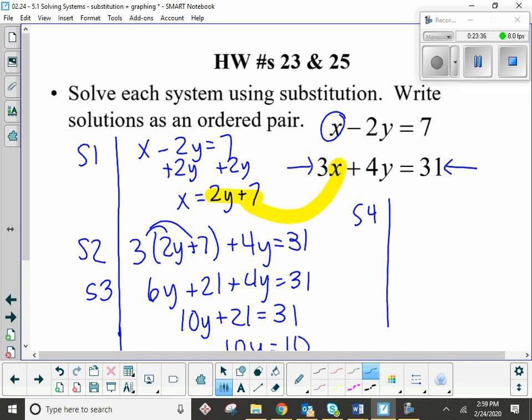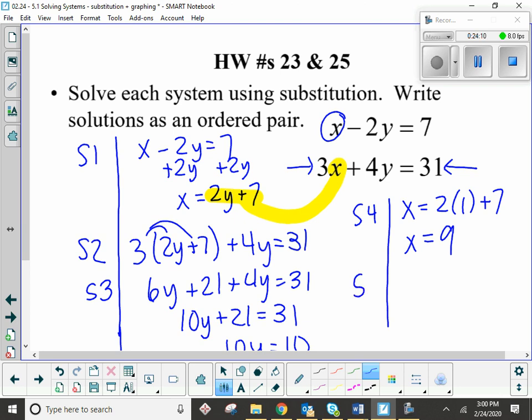When I plug 1 in for y, it's real easy to do the math and figure out x. X equals 9. Now, technically, you don't have to plug 1 in here. You could plug it anywhere into the original equations and then solve for x. But this will go way faster because you already solved for x there. So it's just easier.